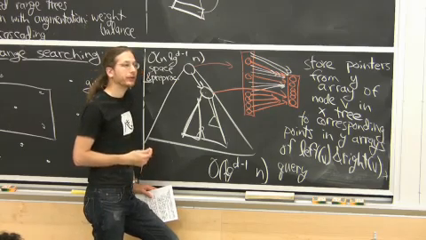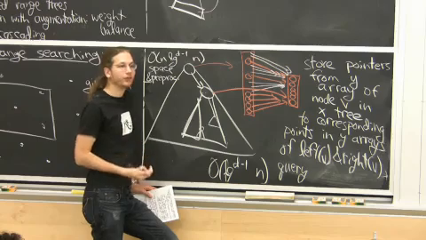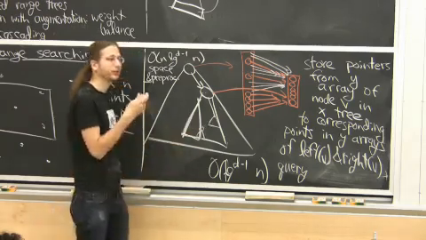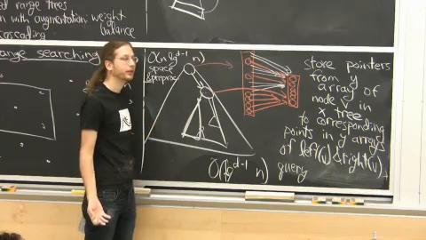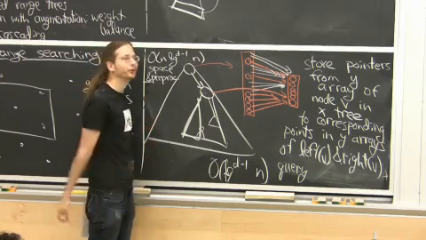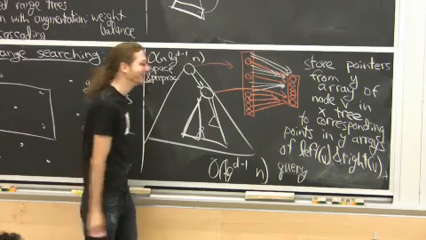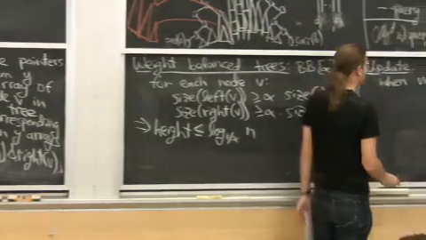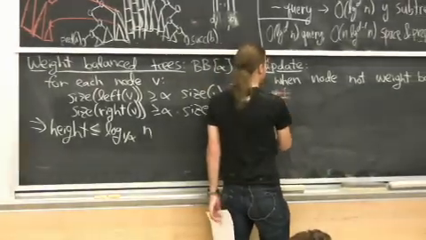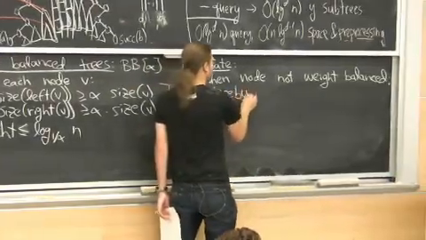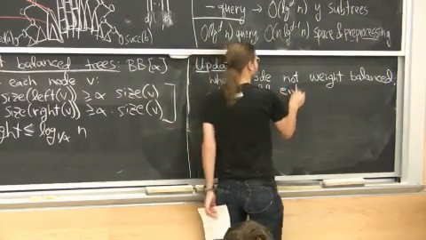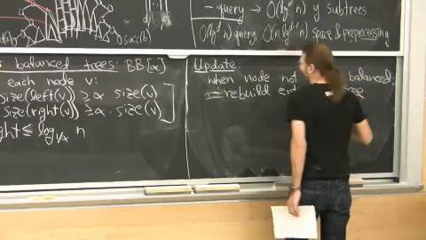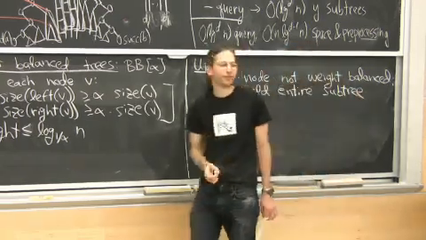How long before it gets unbalanced again? A long time. If I start with a 1/2 split and then I have to get to an alpha, 1 minus alpha split, it's a lot of nodes had to move from one side to the other. The alphas gets messy. So let me just say, when this happens, rebuild entire subtree. I guess it's like a half minus alpha had to move.